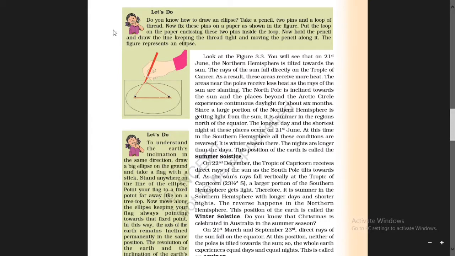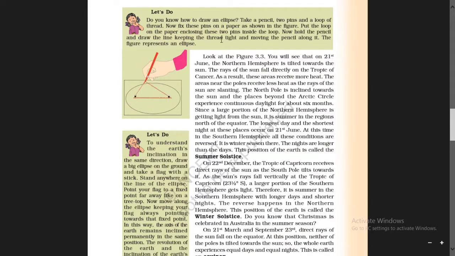Fix both the pins as shown in the figure. Put the loop on the paper enclosing these 2 pins inside the loop.